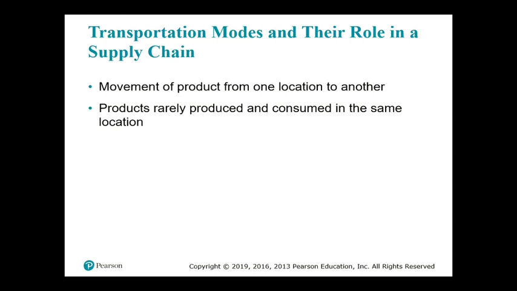Transportation is a very important supply chain function because the production and consumption of products are rarely in the same location. So we need to transport products from the place where they're produced to the place where they're consumed. And in the total supply chain costs, transportation accounts for a very large portion.